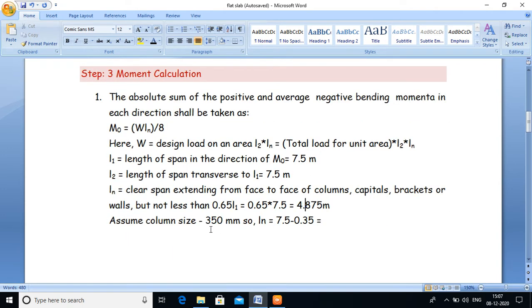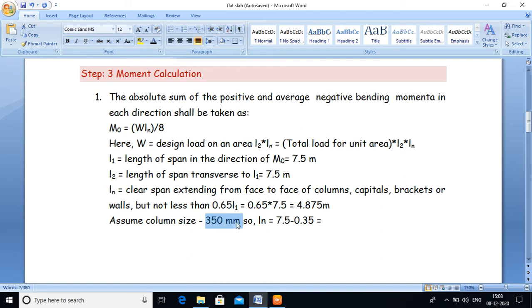So here the column size is not given, because the meaning of this Ln is the clear span extending from face to face of the column, means center to center distance minus the dimension of the column or the column capital. For that we must know the size of the column. As in the given numerical the size of column is not given, we assume the column size as 350 mm, means a 350 by 350 square column.